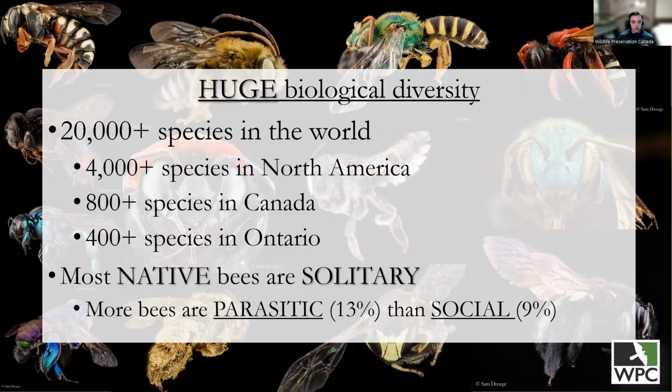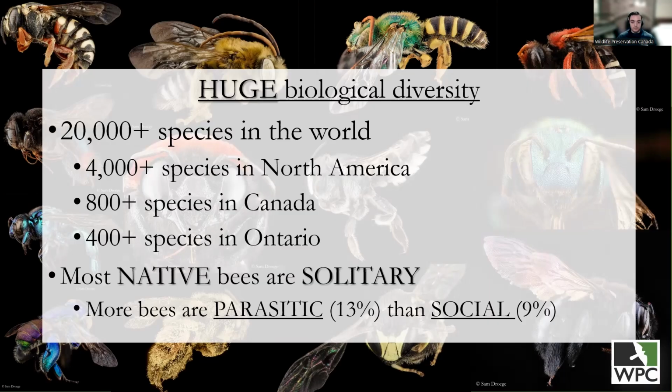And to really hammer in how rare sociality is among bees, there are actually more species of bees that evolved to be parasitic, meaning they acquire their resources by stealing from other bees, than there are species that evolved to be social.